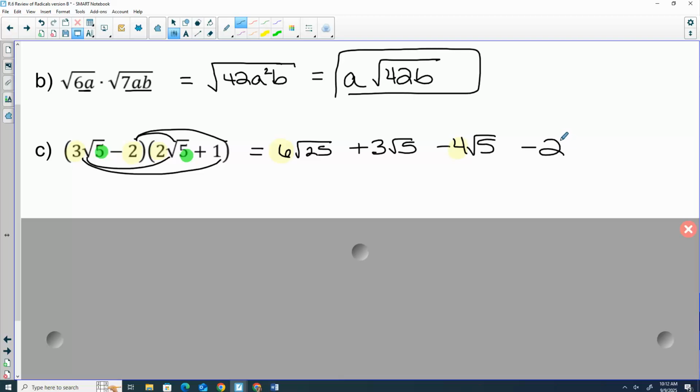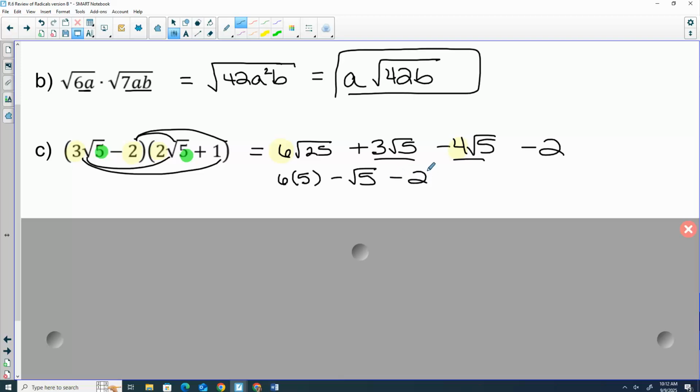So now we need to combine any like terms and reduce what we can. 6 square root of 25. What is the square root of 25? So that just means 6 times 5. When you're adding radicals, you add the coefficients. So 3 plus negative 4 is negative 1. The radical doesn't change. So just negative radical 5 or negative 1 radical 5.